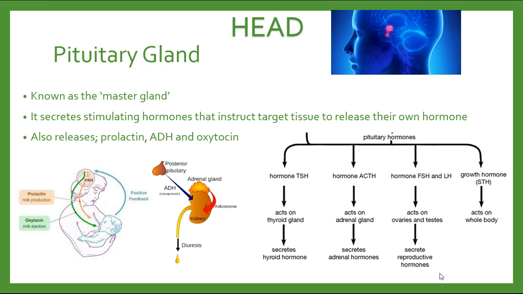Stimulating hormones made by the pituitary gland will then travel in the bloodstream to the other endocrine glands, which will in turn release their own hormones. So it's all part of this regulatory pathway from the hypothalamus to the pituitary to the other endocrine glands. The examples that you see here are by no means an exhaustive list. There are lots of different hormones that are secreted by the pituitary gland.